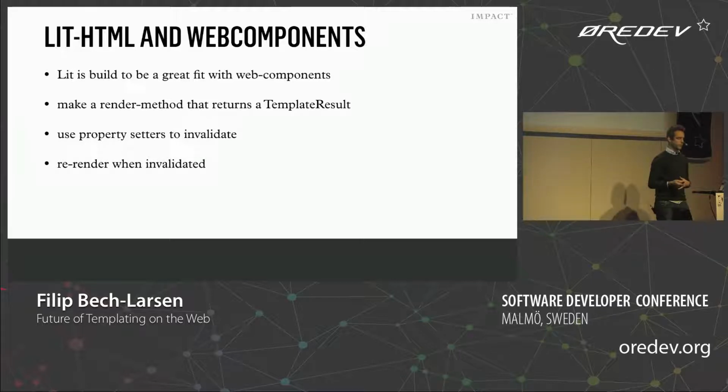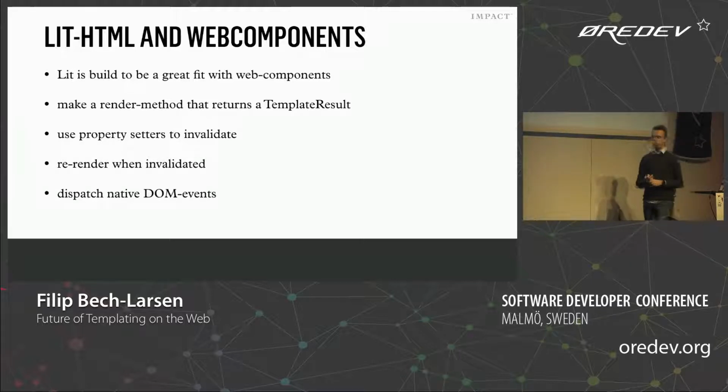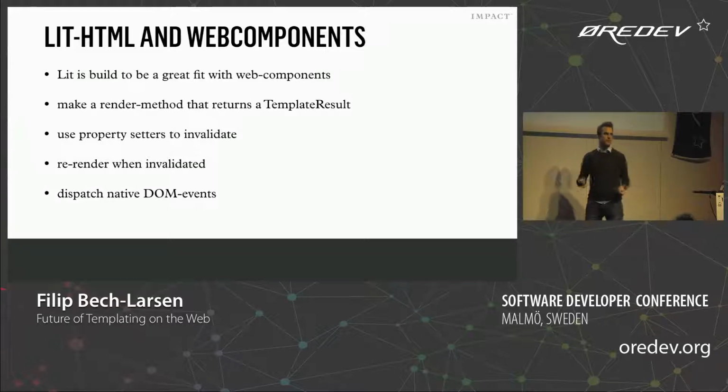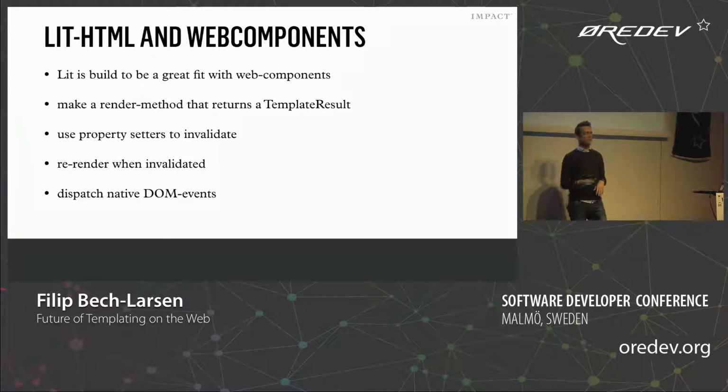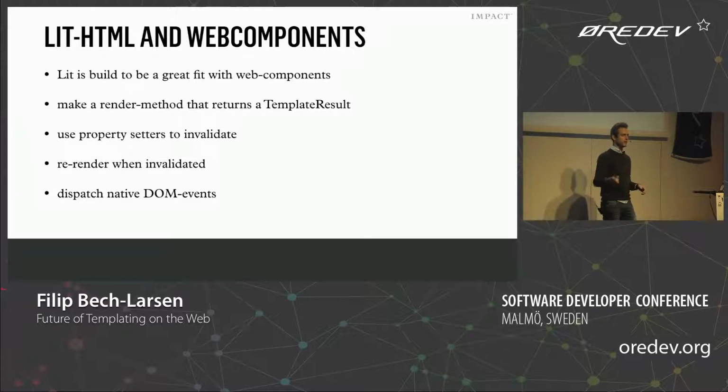And re-render whenever stuff was invalidated, and we should probably batch that as well, so it's a little bit faster. And then we can just dispatch regular native DOM events, because they bubble and they're cool, and you can catch them with the regular DOM event listener like I showed you before with the @ sign in front of it.